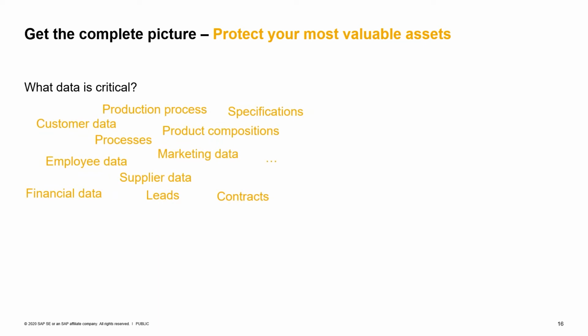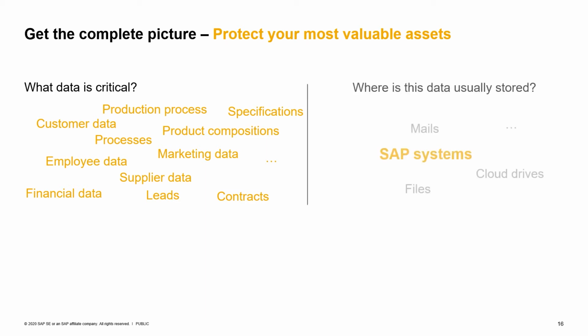What data is important from a mission critical perspective for your business? Typically that's bills of materials, marketing data, customer data, employee data, may also be PII data that you are under regulatory requirements to keep private, your supplier data, financial data, that's typically sitting in your SAP system.